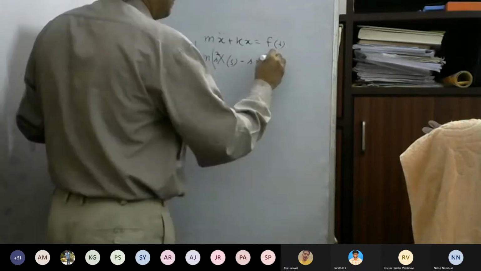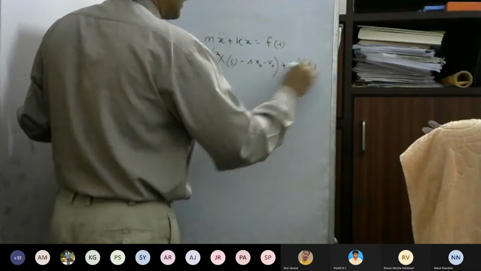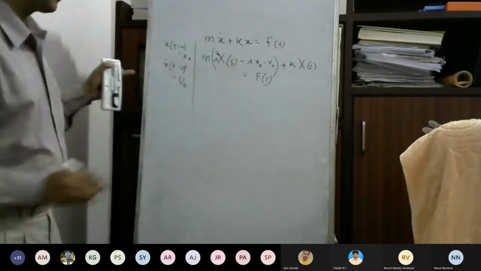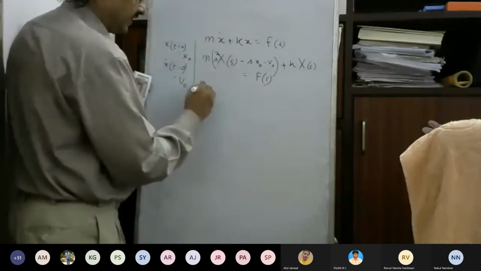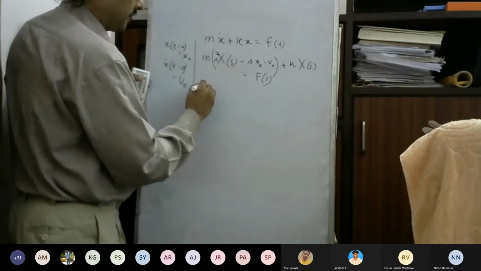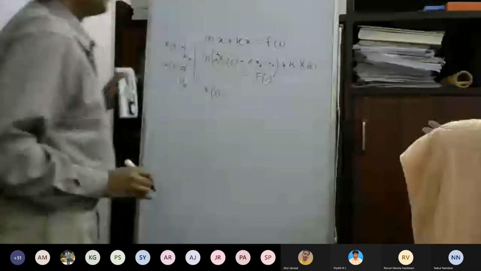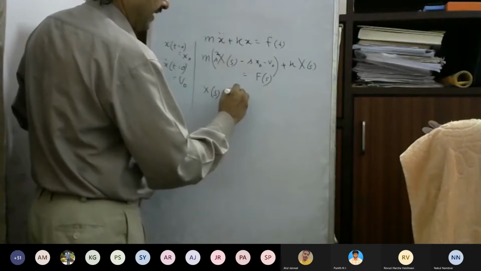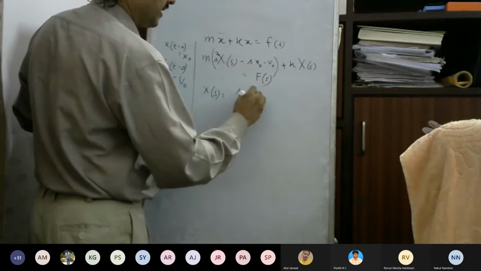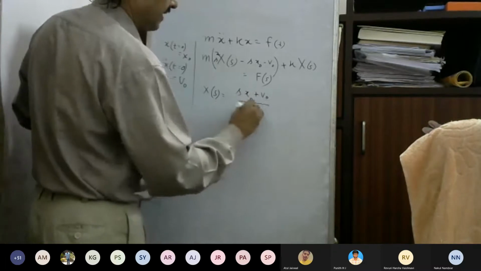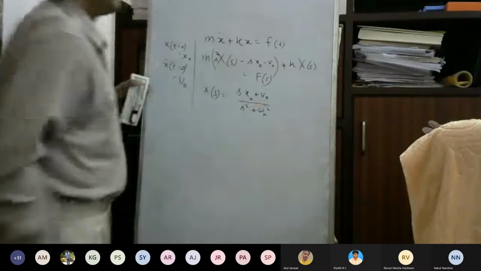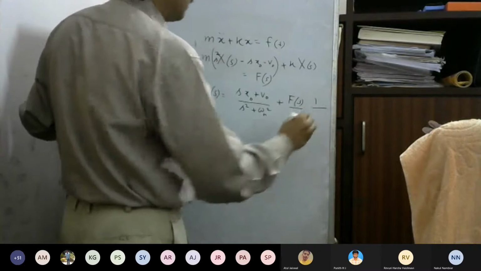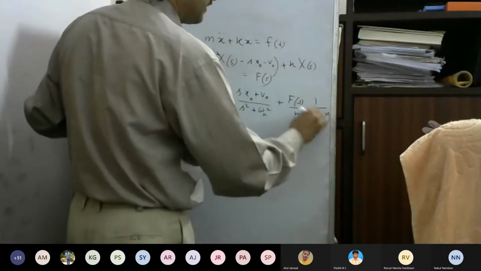Plus k X(s) equals F(s), taking the Laplace transform. We get that X(s) will be equal to (s x naught plus v naught) divided by (s square plus omega n square) plus F(s) divided by m times 1 by (s square plus omega n square).